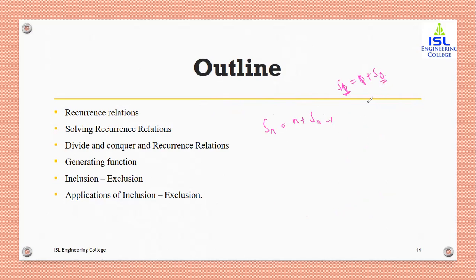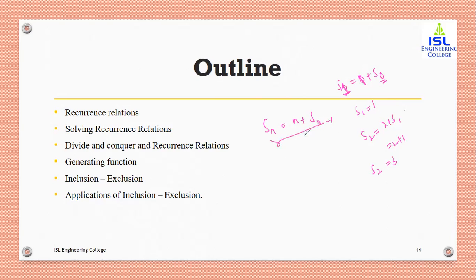S0 is simply 0, so S1 is 1. After that, S2 will be 2 plus S1. S1 was 1, so 2 plus 1, S2 is 3. So this is your recurrence relation.